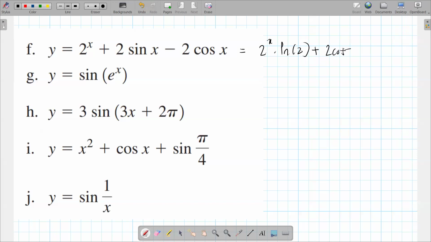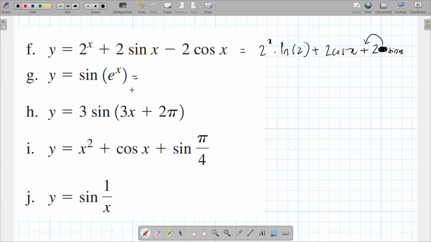Perfect. What's the last component? 2 negative sine of x. So minus 2 negative sine of x, and you can bring this minus sign here to make this positive, okay? And that's it. Done.